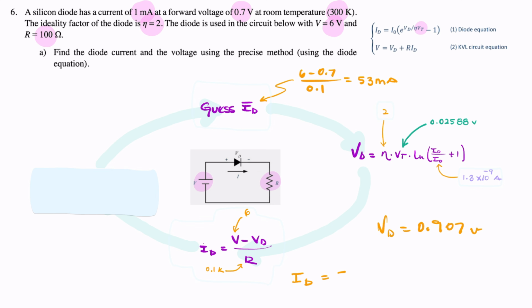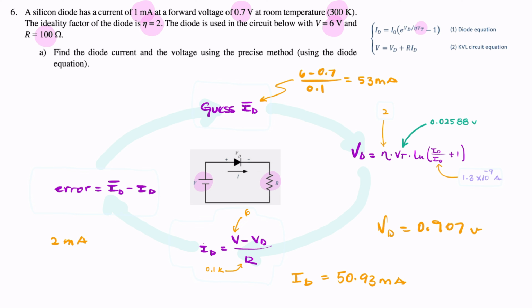Now we think it's 50.93 milliamps. So the error, the difference between our guess and our calculation, is 2 milliamps. So it's about 4%. 2 milliamps error. So we're still not too happy about that.